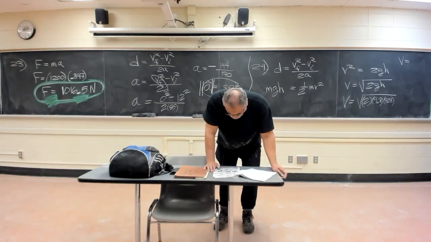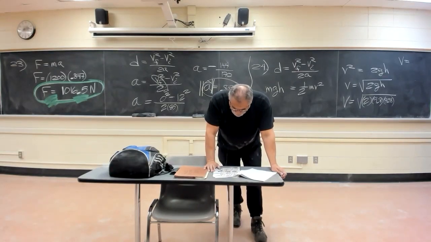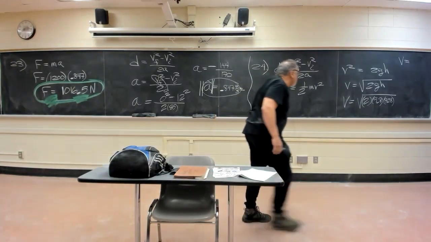Just do the whole thing, you guys. Take the product of 2 and 9.8 and 3.98 and square root the result of that product, and you'll get V is 8.83 meters per second.